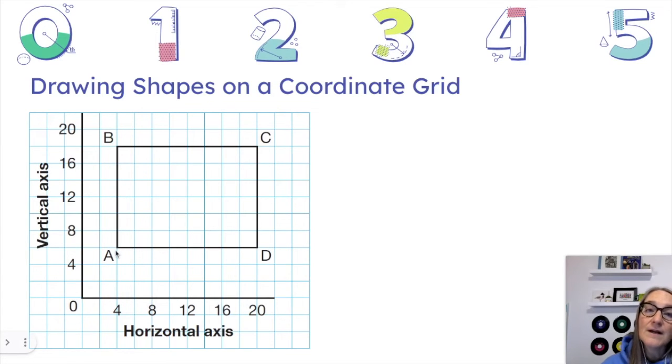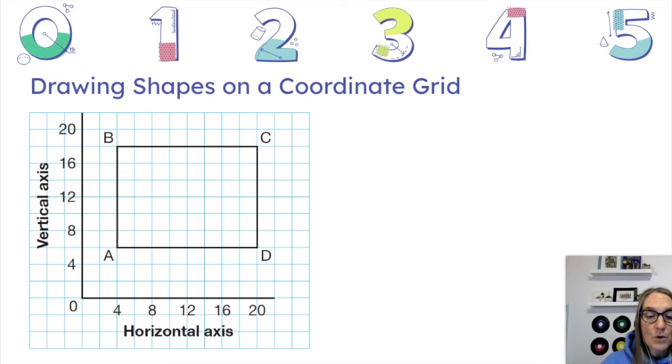Now remember, vertex is corner, vertices is the plural of vertex. So we have 4 vertices and they are labeled each with a letter, A, B, C, and D. The letters are written in order as you move around the perimeter of the shape. So they go in order A, B, C, D.